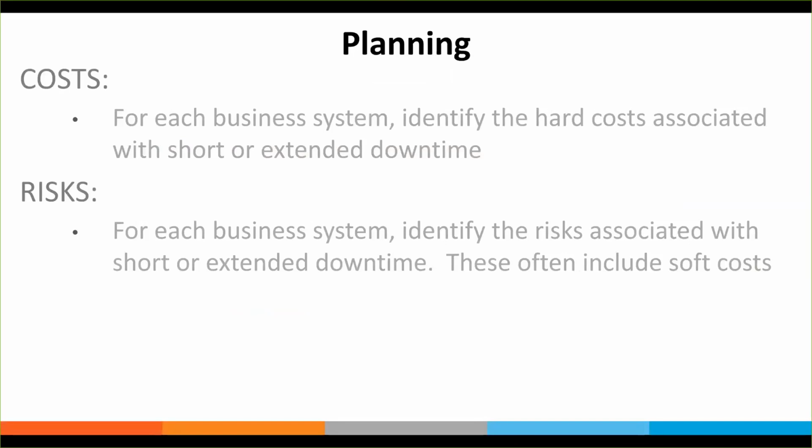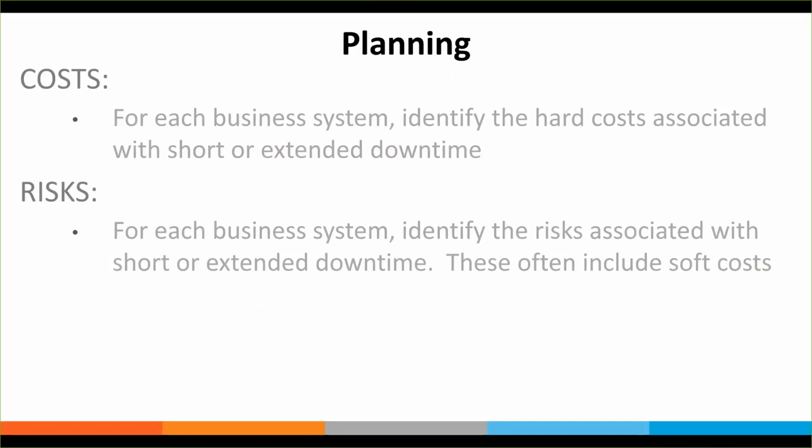Now let's talk about the difference between a hard cost and a soft cost. Hard costs: you're losing money on rent. You can't bill your customers. You can't capitalize. You can't fulfill your contracts. You can lose contracts for that. Those are hard costs. But there's soft costs involved as well.